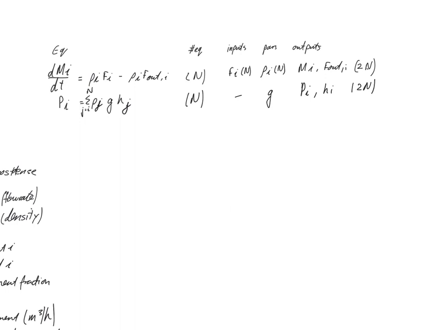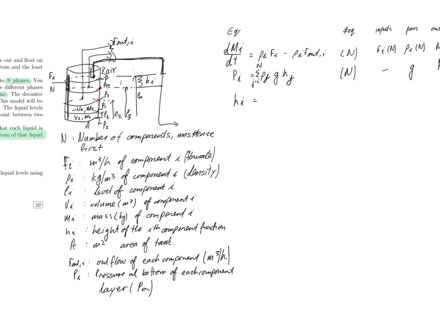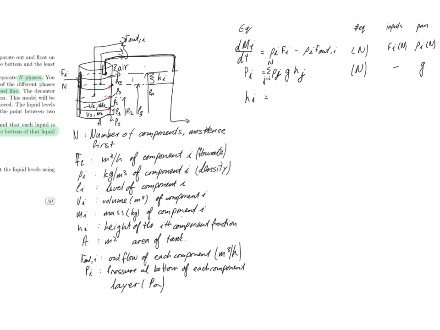Then of course we need equations for h, so we know that hi is going to be the difference between the corresponding L's, right? And so if we define L0 as, let's just add something here, saying something like L0 is equal to 0.